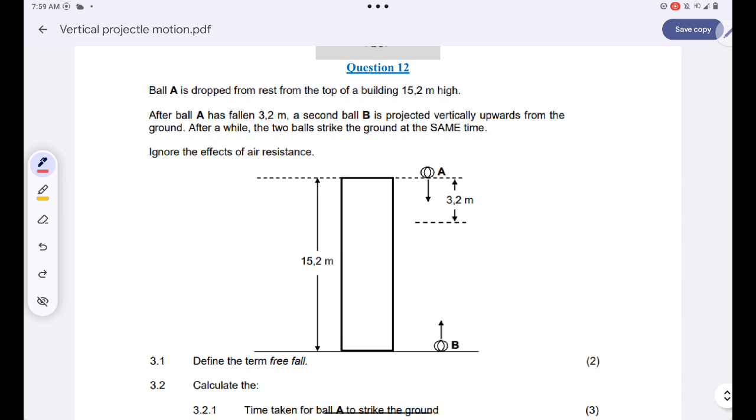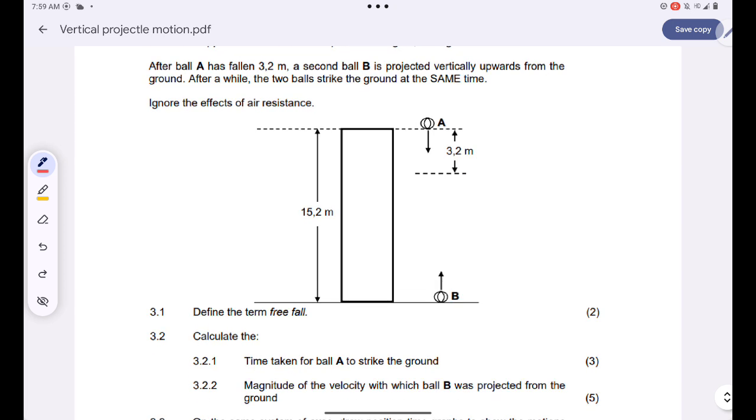We must ignore the effects of air resistance. The first thing we need to do is define the term free fall. Free fall is the motion of an object which is under the influence of gravitational force only.